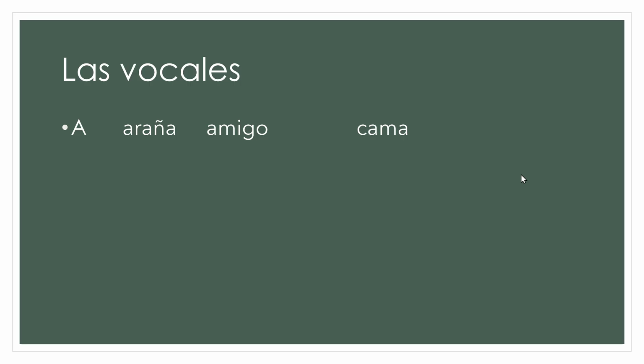Some examples. Araña, that means spider. Araña, that one has 3 A's. All of them are the same. They sound exactly the same. Amigo, you know what that means, hopefully. Friend. Cama, bed.